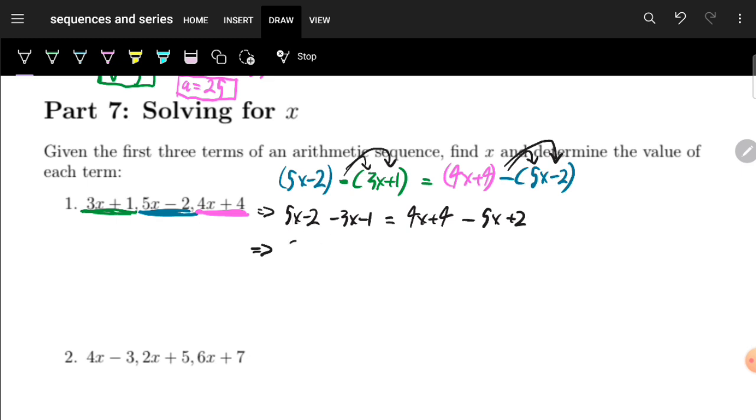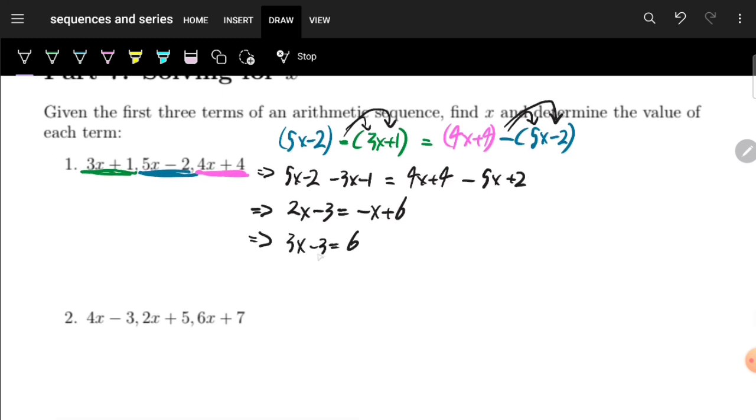So 5x minus 3x, that's 2x, negative 2 and negative 1, that makes negative 3. 4x minus 5x, that's negative x, positive 4 and positive 2 make 6. I'll add x to both sides. We get 3x minus 3 is equal to 6. I'll add 3 to both sides. So we get 3x is equal to 9. Divide by 3 on both sides, and we get x is equal to 3.